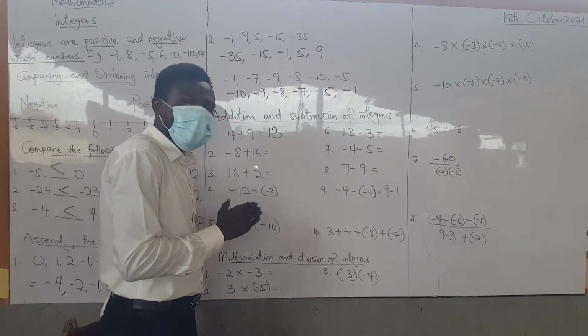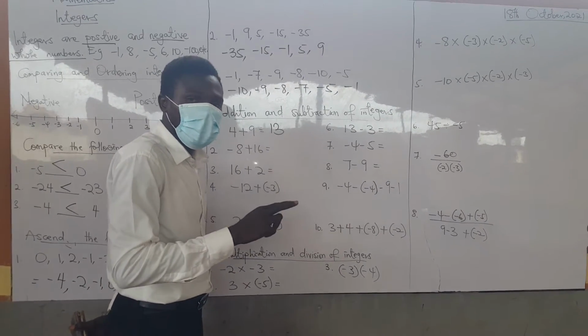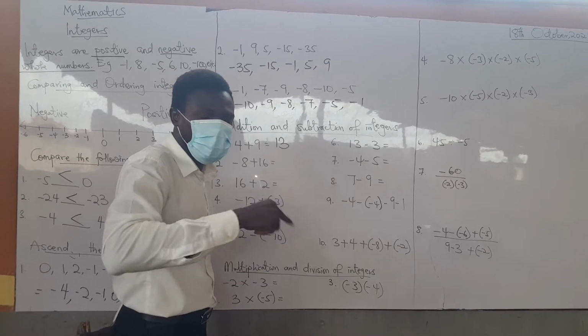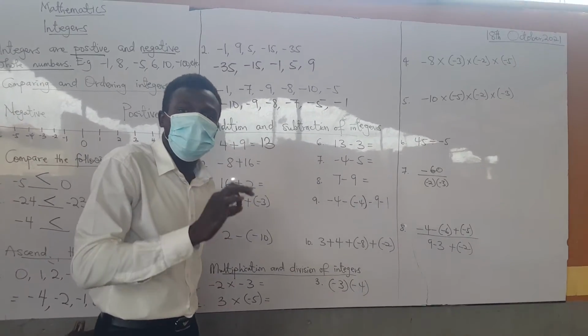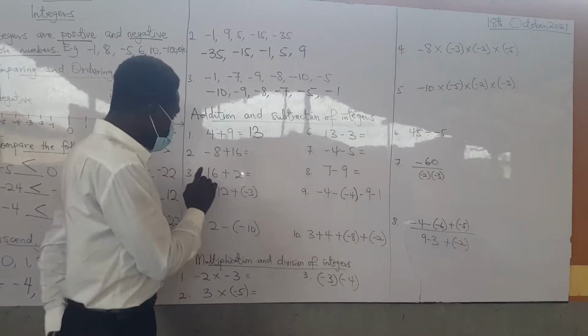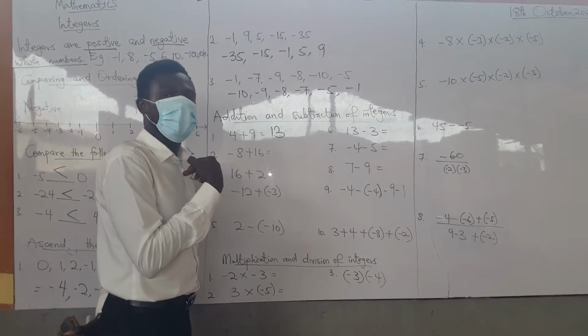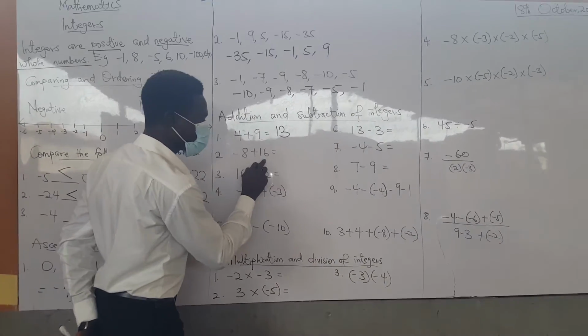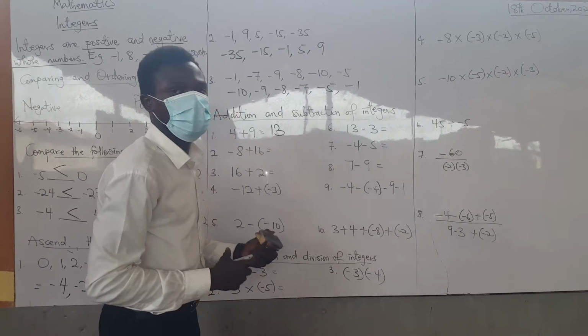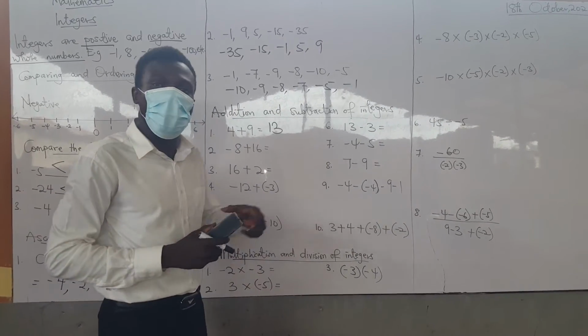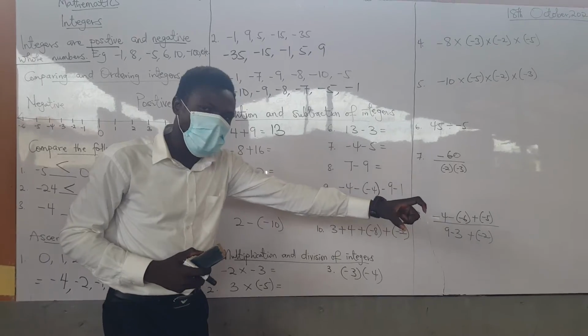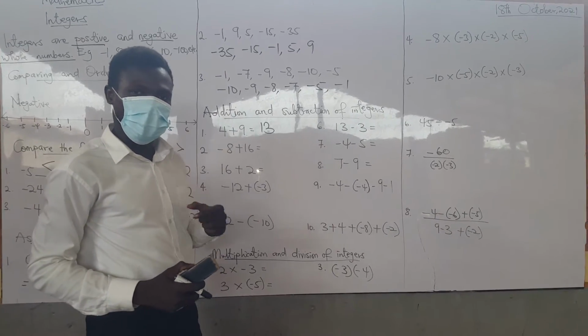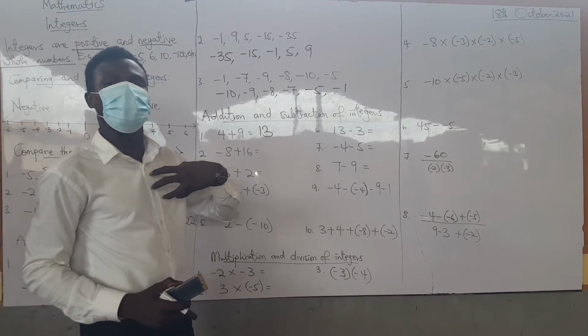Anytime you add or subtract an integer and you have a negative in front, assume you are owing. So this negative 8, I am owing. And this positive 16, it belongs to me. So negative 8, I owe. Then 16, you own.